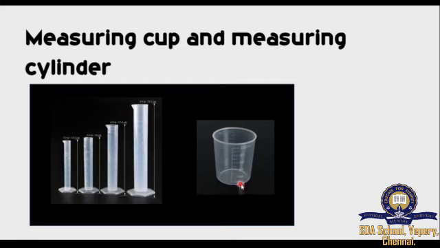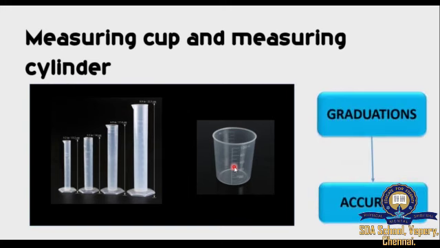So you can see the graduations like 20, 40, 60, 80, 100. When I ask you to get me 60 milliliter of water, you can easily pour the water into this beaker and give me the 60 milliliter of water by referring to the graduation. So graduation helps us attain greater accuracy in measuring the volume, right?